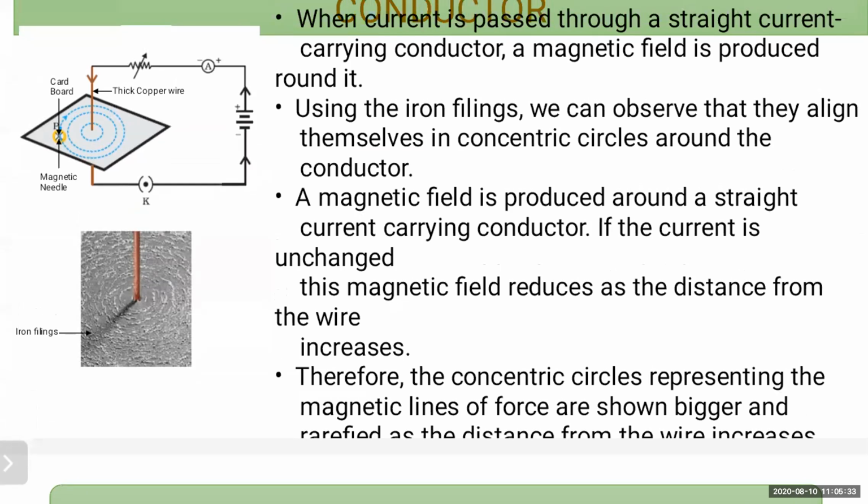So this is the experiment where iron filings are used, and we can observe the diagram. Many concentric circles are there, and these are arranged in a circular manner when the current carrying conductor is in a straight line. So it is in a straight position.